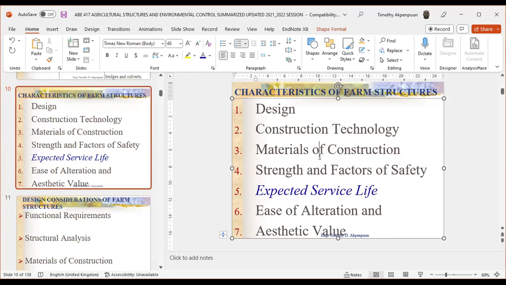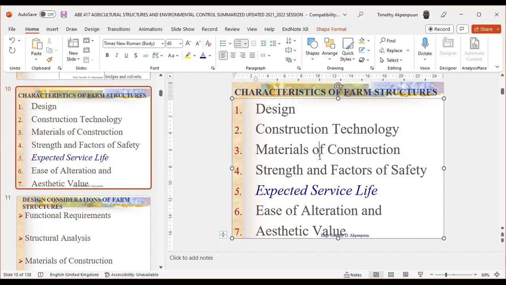What is the expected service life? How much loan has the investor taken from the banks? And how soon is he expected to repay the loan? That will determine the expected service life.